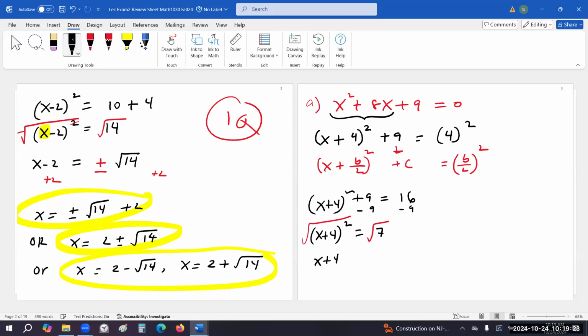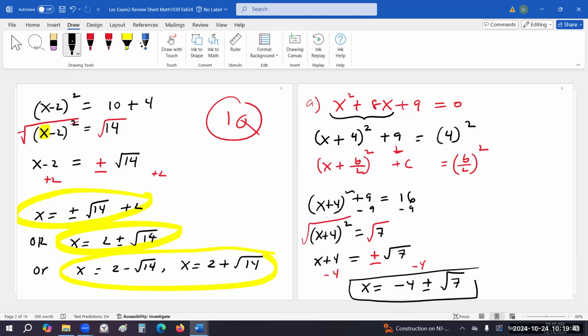So x plus 4 equals square root of 7. But what do you have to put in front of square root of 7? Plus and minus. And finally subtract 4. So we get x equals negative 4 plus minus square root of 7. That's it.